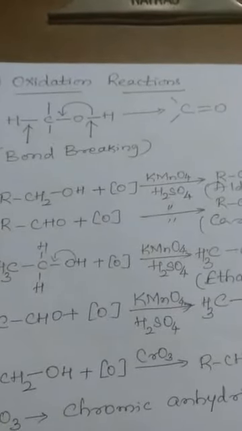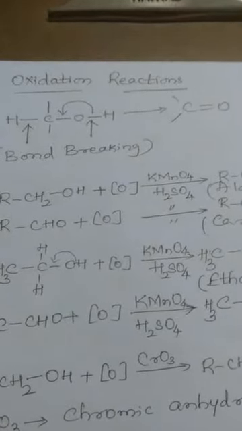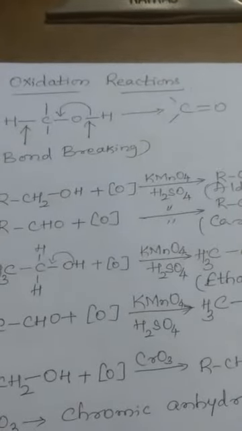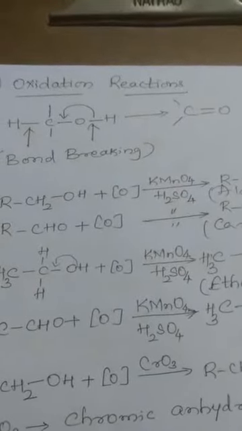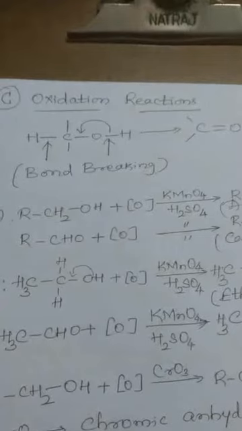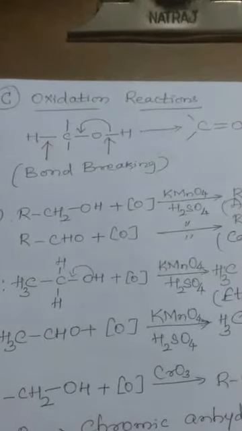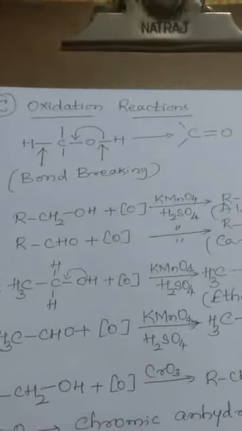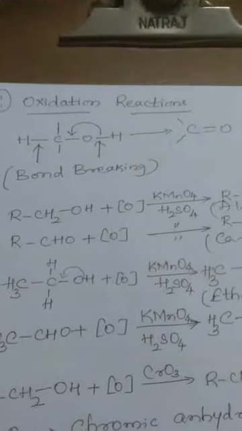Such reactions are also known as dehydrogenation reactions because there is loss of H2 from an alcohol molecule, resulting in the formation of the carbonyl group in the product molecule.